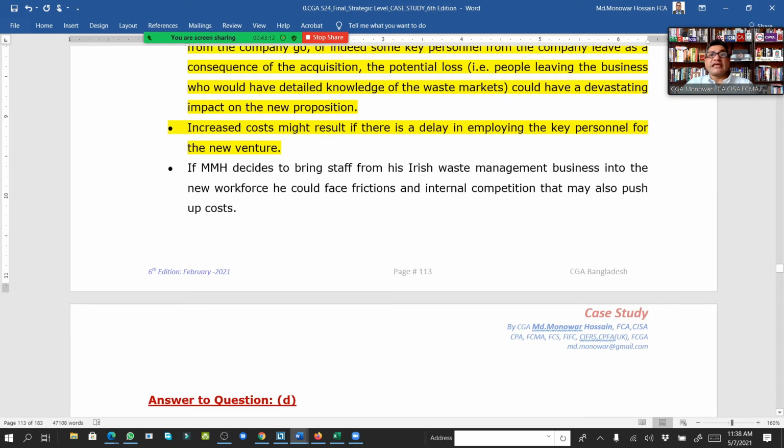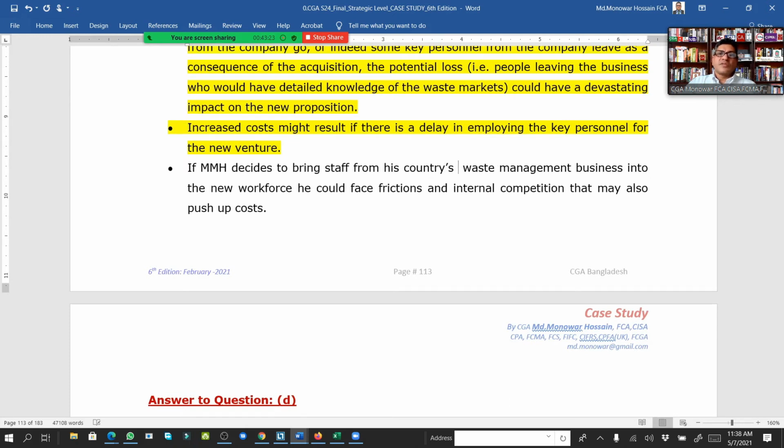MMS decides to bring staff from his waste management business into the new workforce, to facilitate the internal composition and push it.